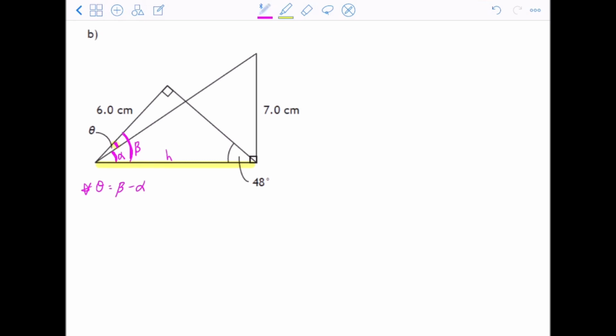Let's start with this right triangle here. This is angle beta, this is H, and we know this is 6, and this is 48.